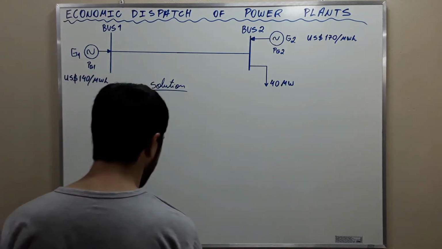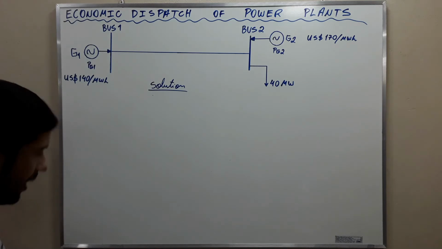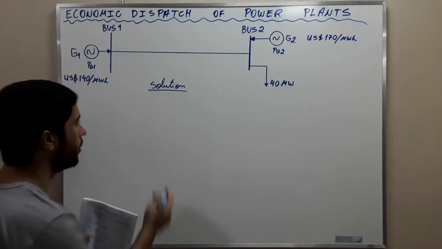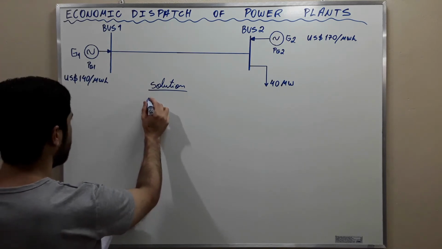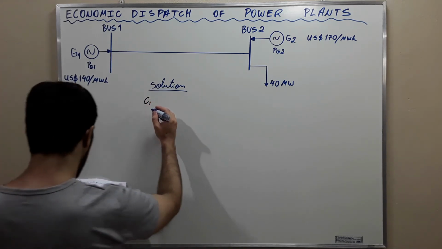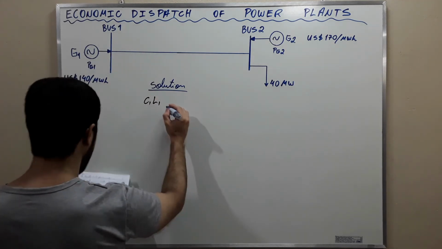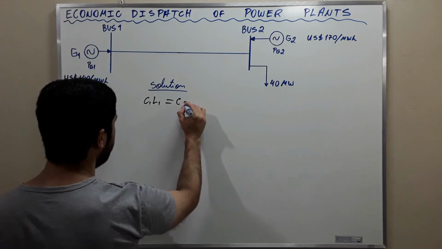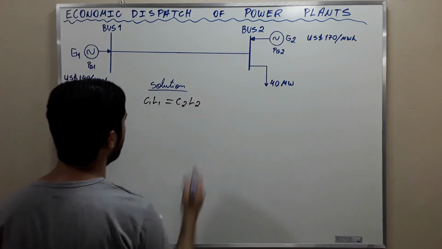For the most economical dispatch of power, C1 times L1 is equal to C2 times L2, okay?